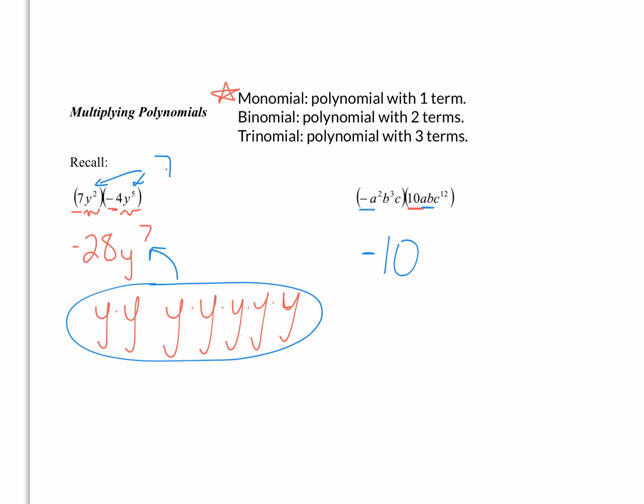A squared and then a to the first. There's always going to be a first power there with the variable if no other exponent is written. So that would be a to the third. Then I have b cubed and b to the first. That gives me b to the fourth. Finally, c to the first times c to the 12th gives me c to the 13th.